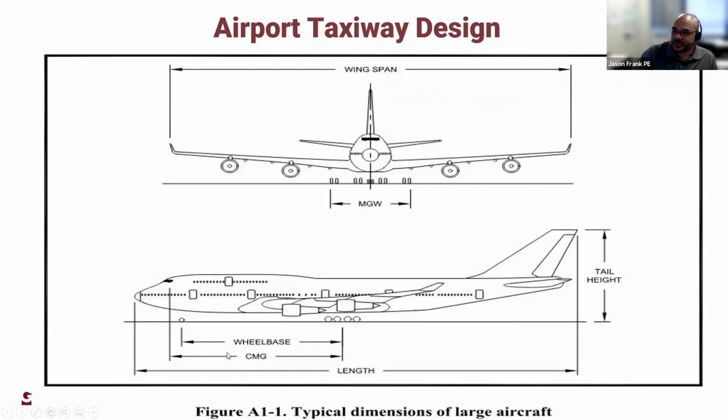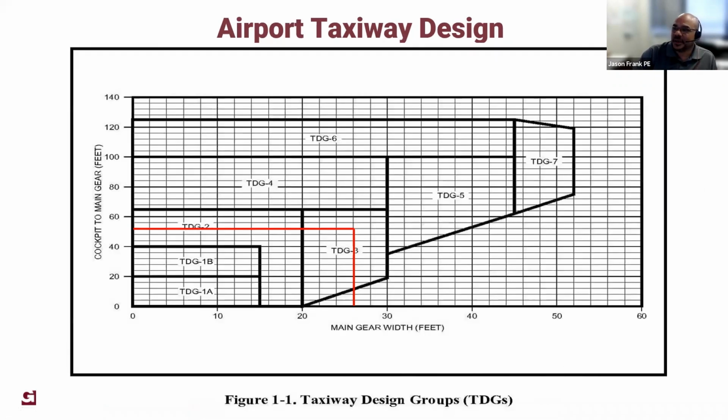As mentioned here, we have the wheelbase, the cockpit to main gear length, and the main gear width. There still is a chart for taxiways, as you can see here. As we mentioned before, this is the cockpit to main gear. So essentially you're coming through this chart in feet. This is my aircraft, it's coming in at 50-ish feet, and its main gear width is X number of feet.